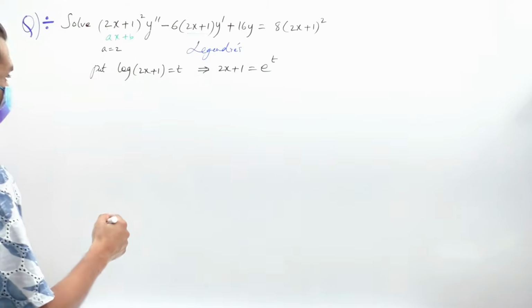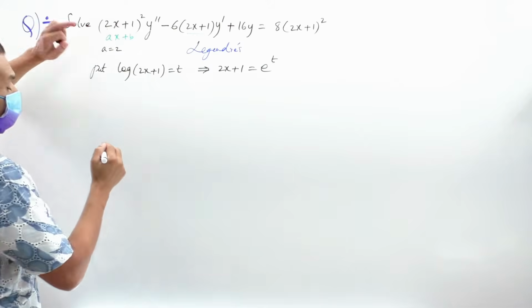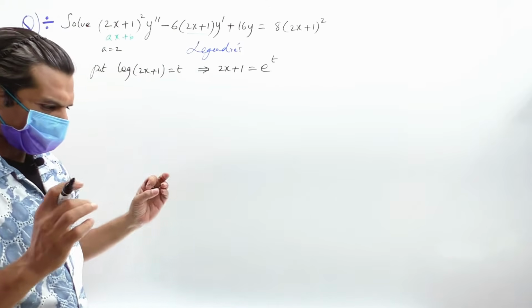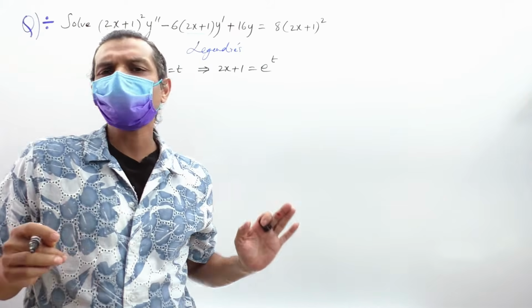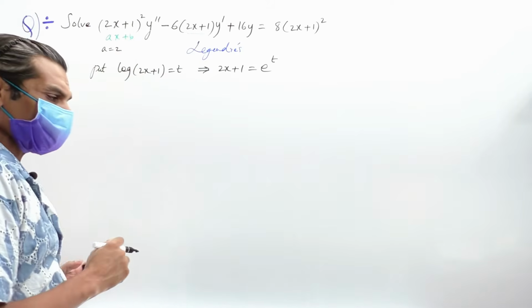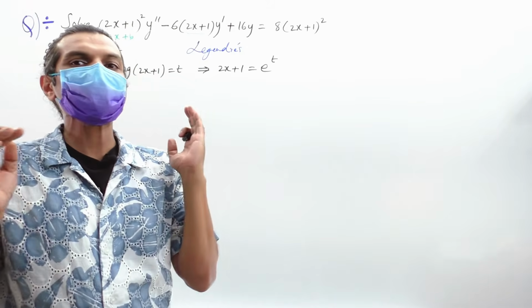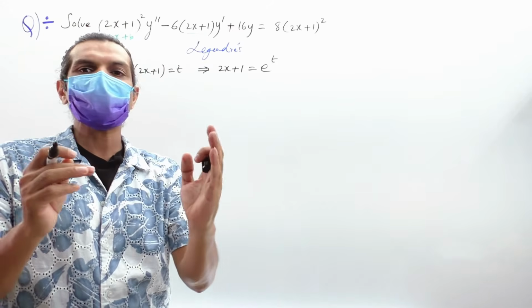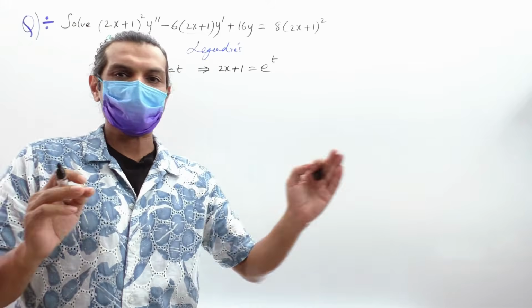Now the next thing is, as I told you, make it as simple as possible. Don't take more tension here. As I told you, always the left hand side is in D form. So (ax plus b) the whole square y double dash means a square into D into (D minus 1) y. That's it.